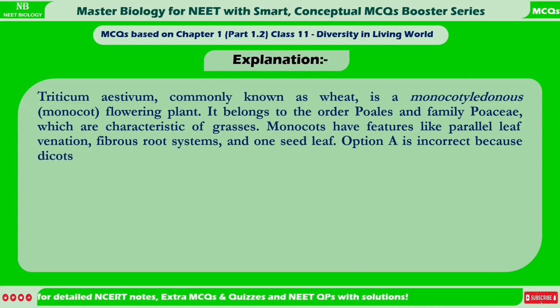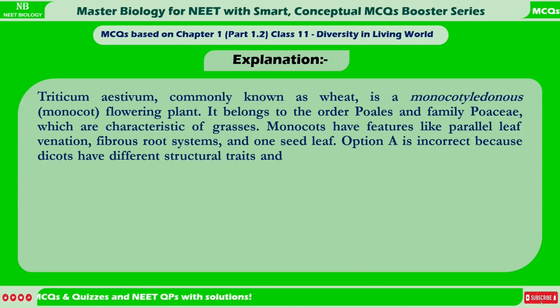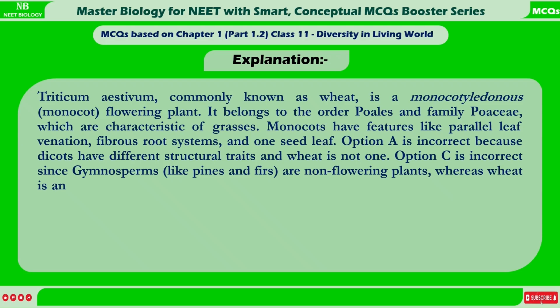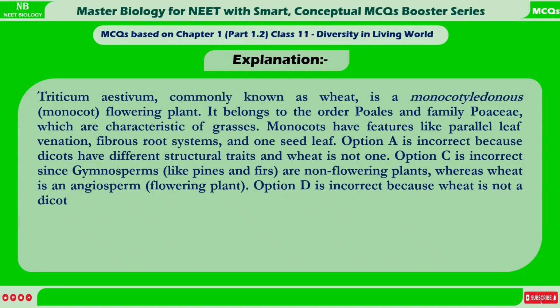Option A is incorrect because dicots have different structural traits, and wheat is not one. Option C is incorrect since gymnosperms, like pines and firs, are non-flowering plants, whereas wheat is an angiosperm, a flowering plant. Option D is incorrect because wheat is not a dicot.